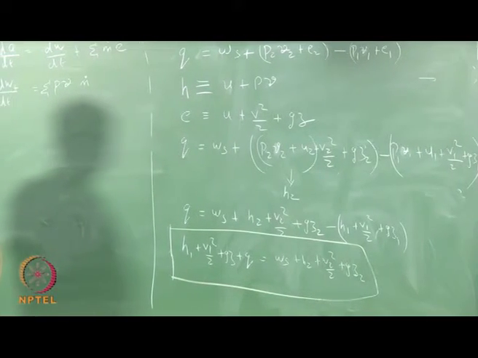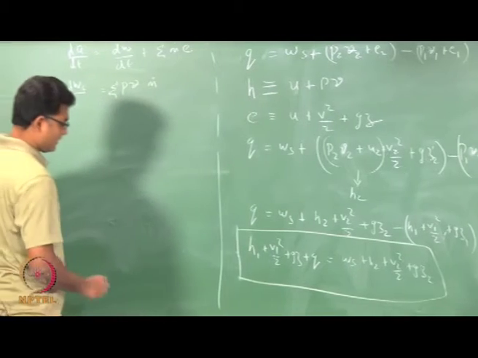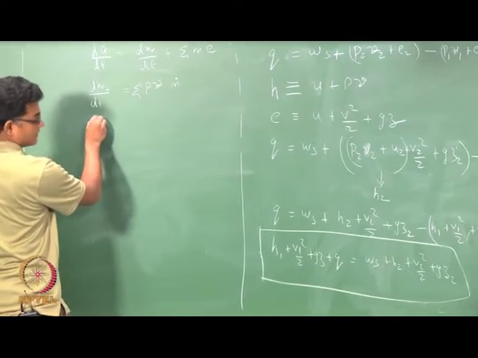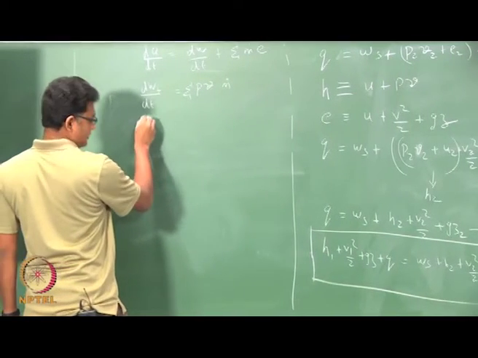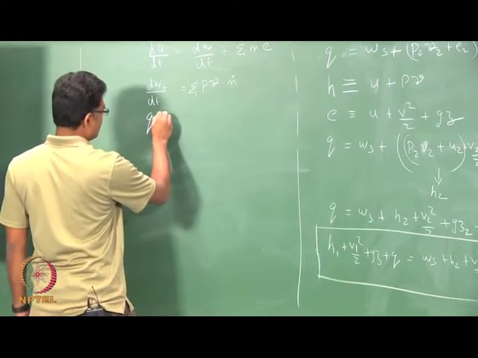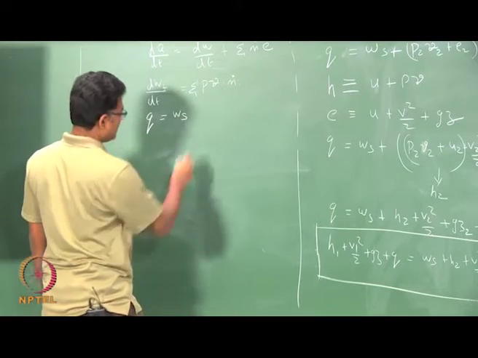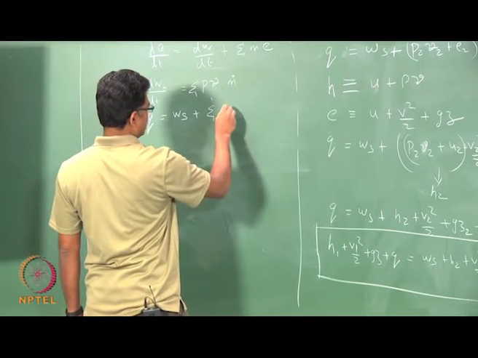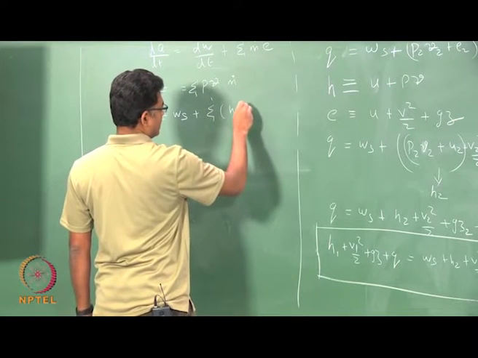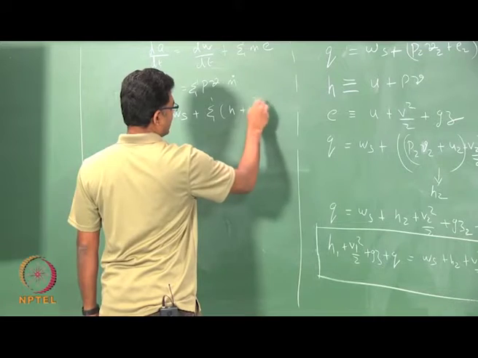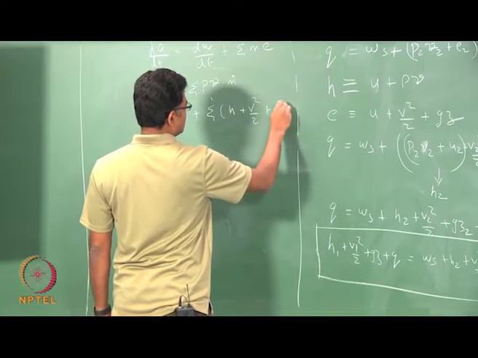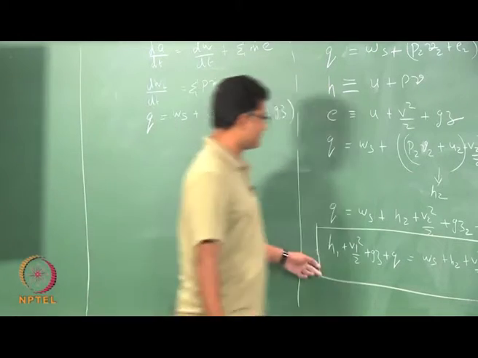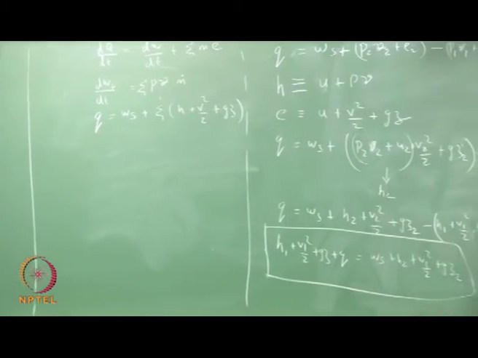So, this is one form of the energy equation, and another form I can write like this, with sigma h plus V square by 2 plus g Z, or in this particular form where I can write it for two sections.